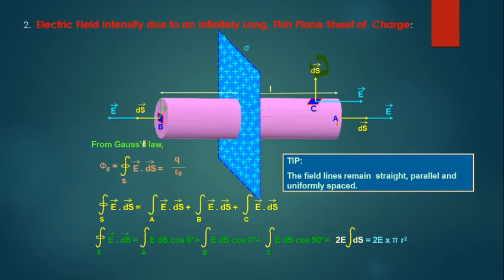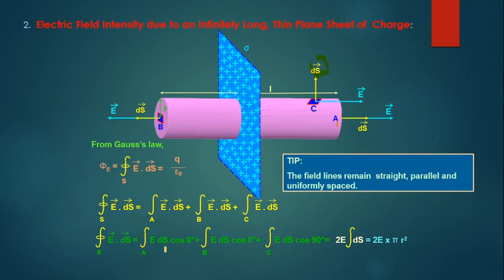In case of A, E and ds are in the same direction, so cos theta is 0 degrees. In surface B, E and ds are also in the same direction. For the curved surface, E and ds are at 90 degrees, and cos 90 is 0. So this term becomes 0.